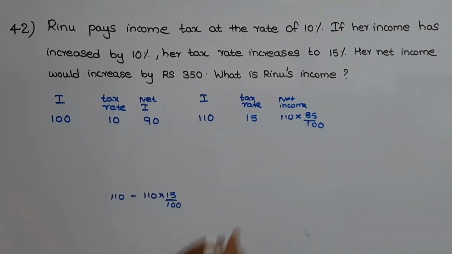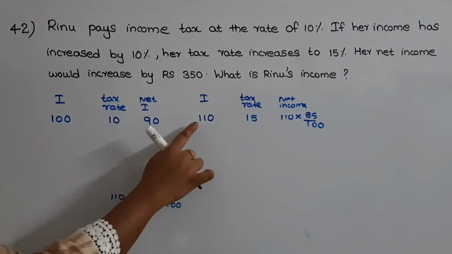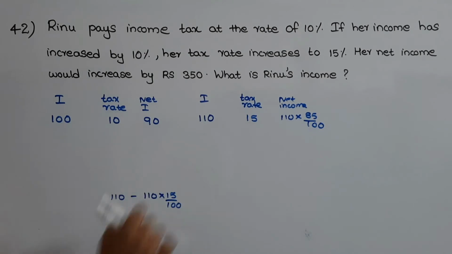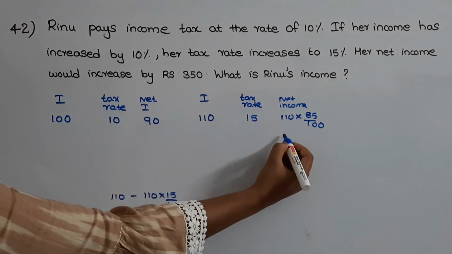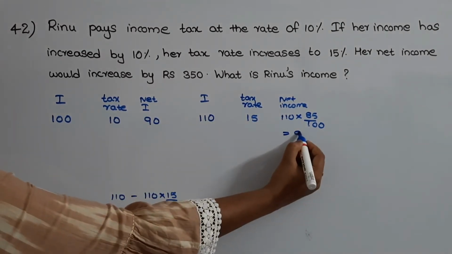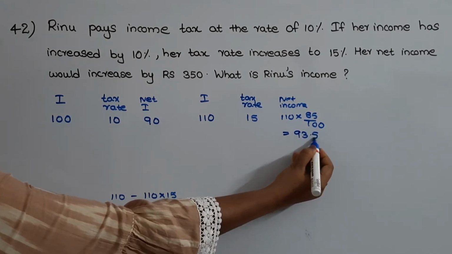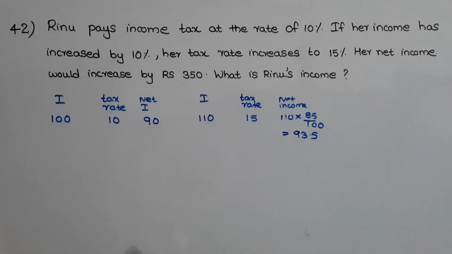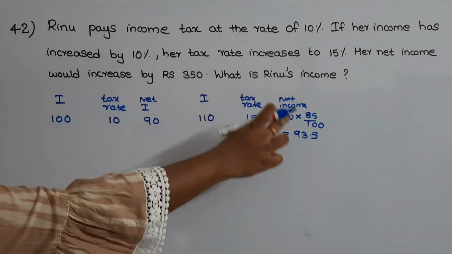So the net income will be equal to 110 into 100 minus 15, that is 85, by 100. On solving this, you will get the net income as 93.5.